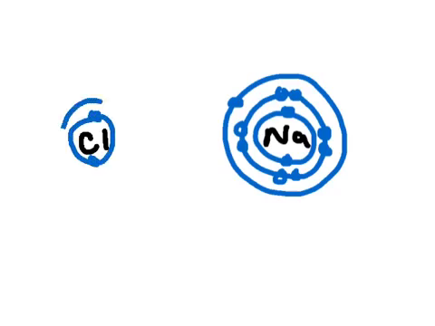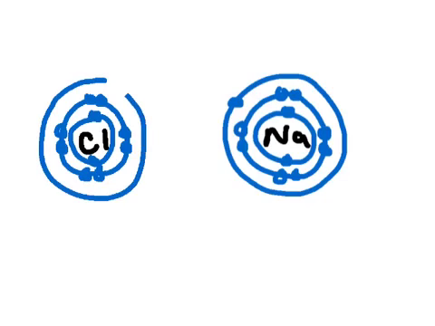1, 2, 3, 4, 5, 6, 7, 8, 9, 10, and then here's our third energy level: 11, 12, 13, 14, 15, 16, and 17. So here's sodium and here's chlorine.